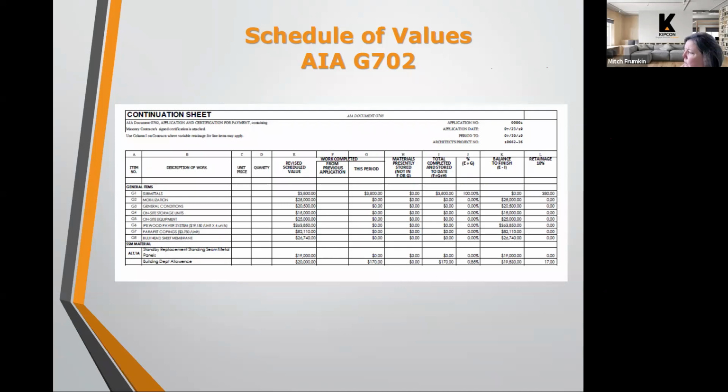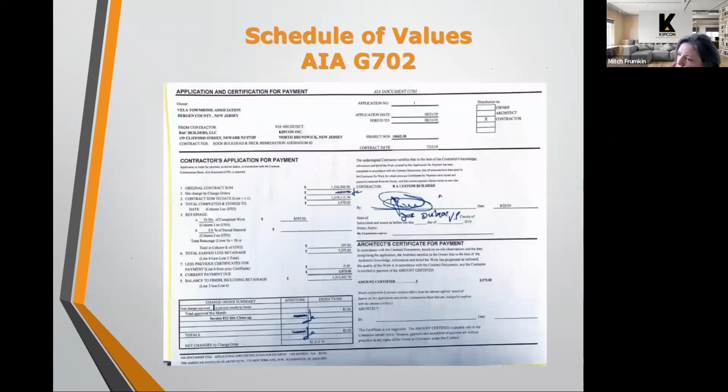Then on that first sheet, there's a breakdown of what's being charged and how much is remaining in the project. This would be submitted to the engineer. The engineer would compare what's being requested in this document to the original bid. There may be some other background analysis that goes on, and then the engineer will approve it for payment.